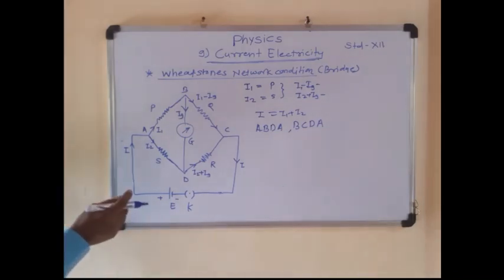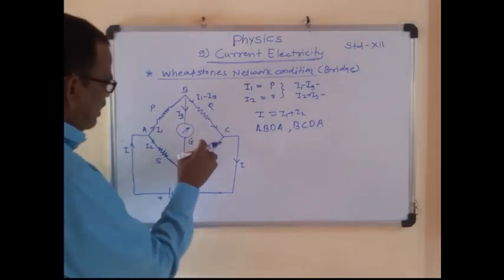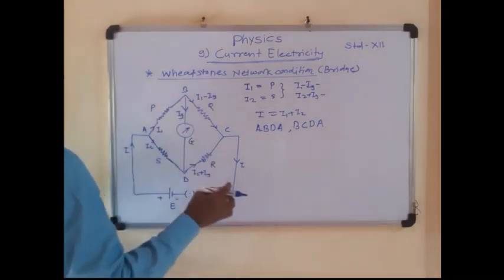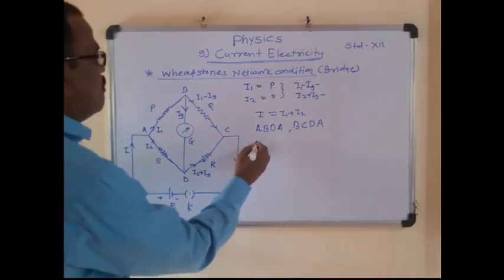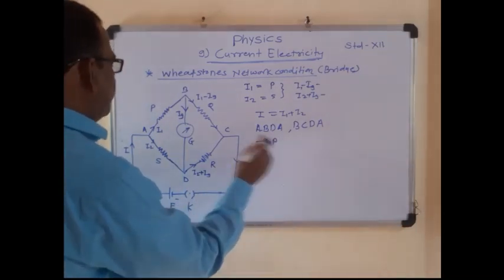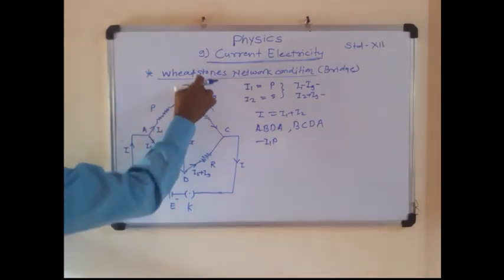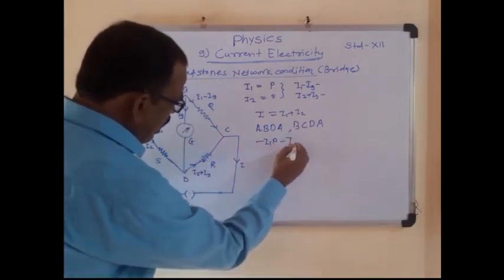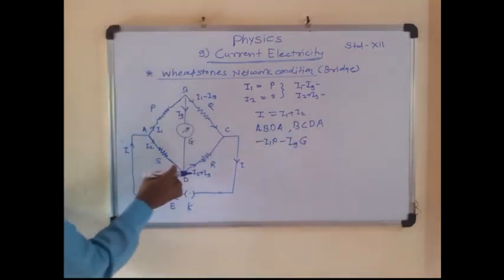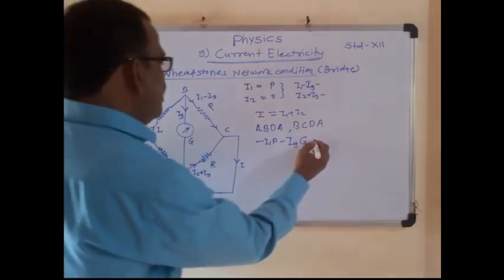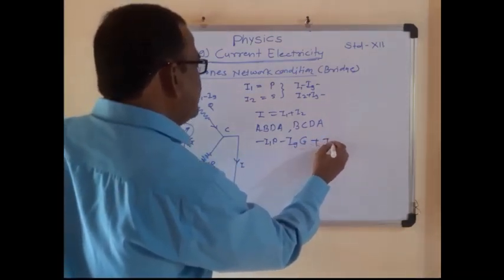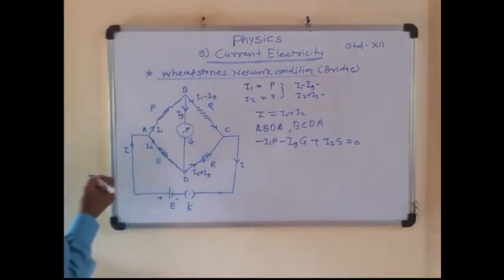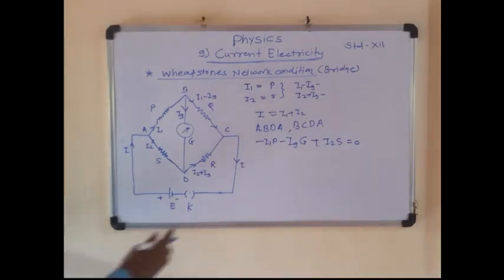Applying the sign convention to the loop A, B, D, A, we write the equation: minus I1P, minus IgG, and plus I2S is equal to 0. Equation number 1.